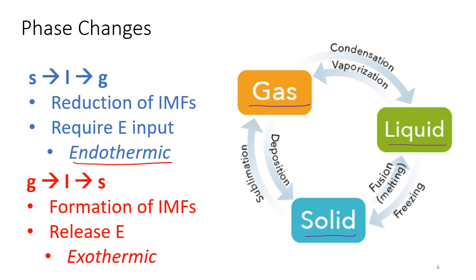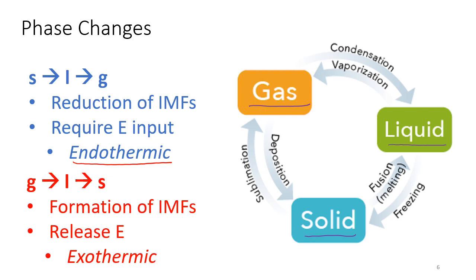The exact opposite will be true as we go from a gas to a liquid and condense it, or we go from a liquid to a solid and have freezing. In this case, we are forming new intermolecular forces. Going from a gas to a liquid, gases don't have really any intermolecular forces between them because the particles are spaced out so far.